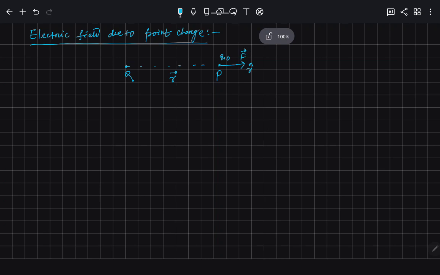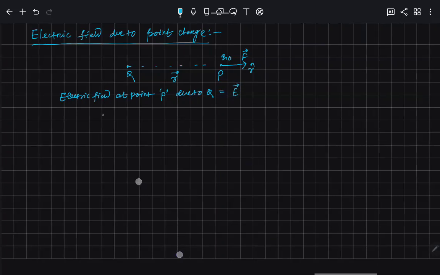Clear? So the electric field at point P due to Q, that we write as E vector. So E vector can be written as the force on Q naught due to Q divided by Q naught.